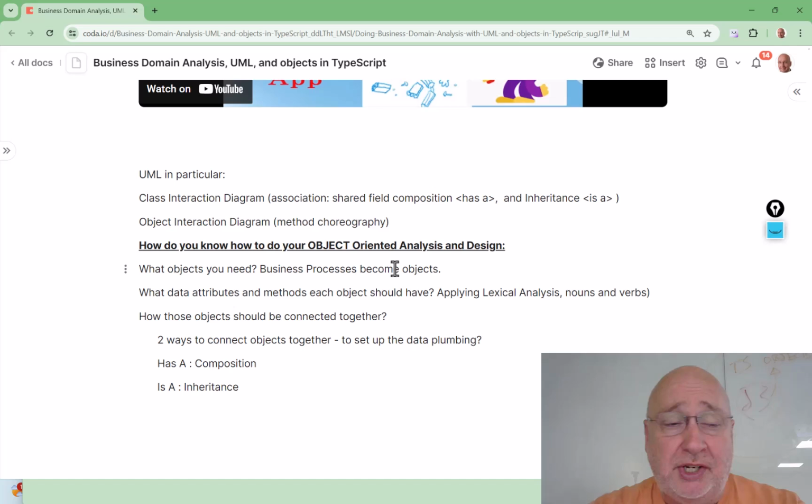How are the objects connected together? Composition and inheritance. All right, so this is a little bit of a backstory of how you're going to be setting up your lab.